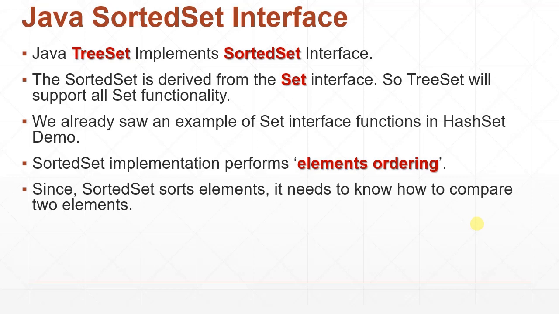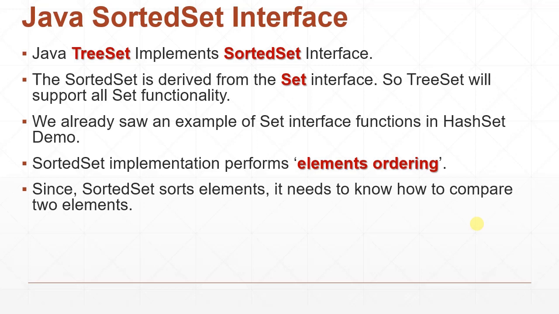Either the elements E1 and E2 are equal, or we will end up with E1 is lesser than E2, or E1 is greater than E2. So the compare method will tell these three variations in terms of the return value.